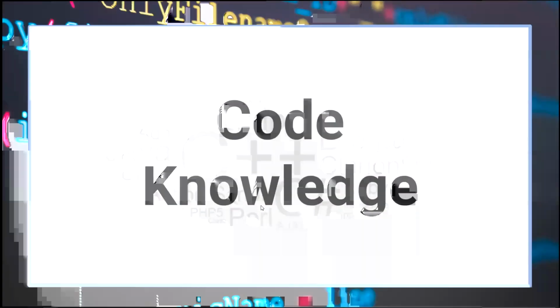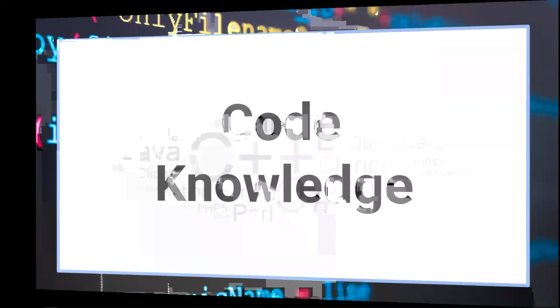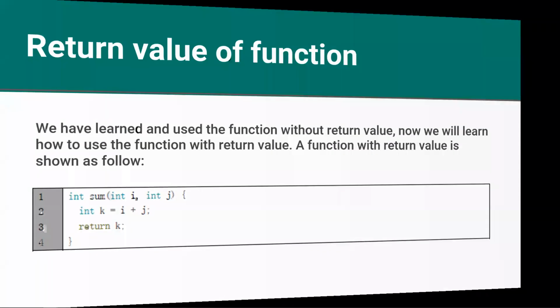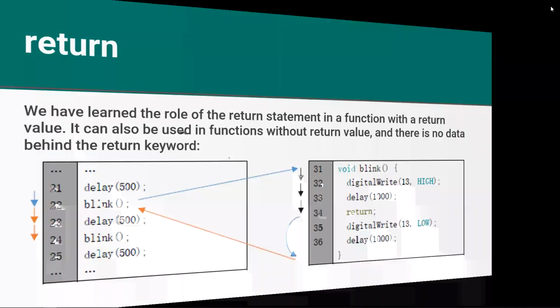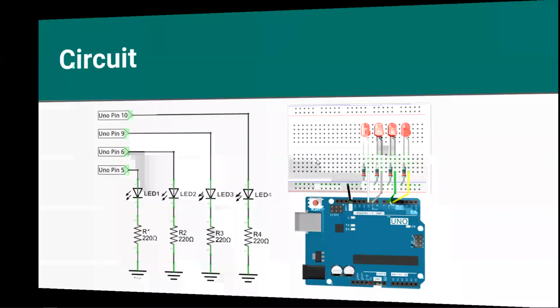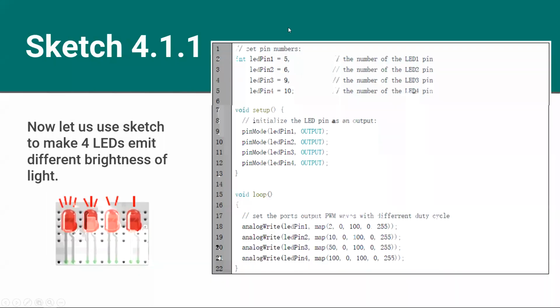Sorry about that. Okay. So what if we give a higher number to digital write, right? Like 2 or 3? The digital write function usually accepts HIGH and LOW, 1 or 0.